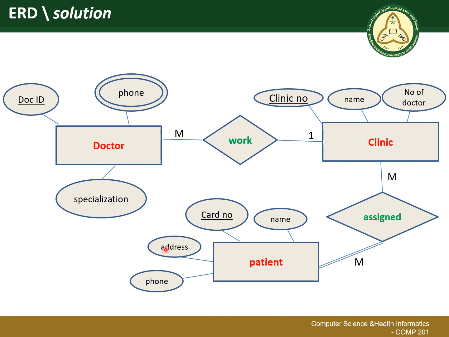Then we have the relationships between the patient and the clinic. So each patient is assigned to one or more clinics, to many clinics. So all the patients will be assigned to clinics. So this is a total participation.